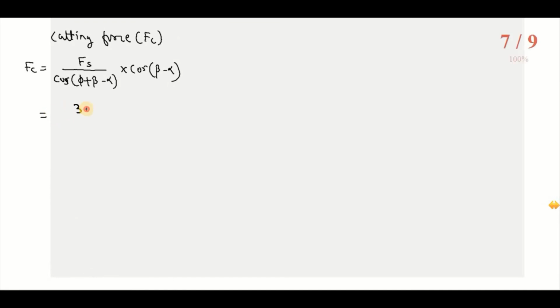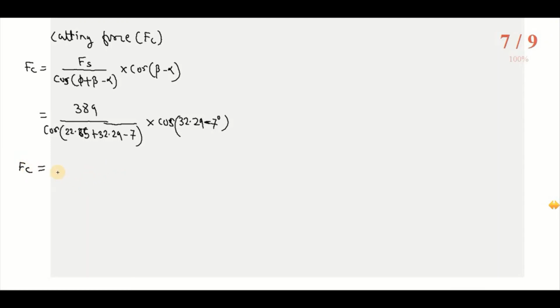389 upon cos of (phi, that is 22.65, plus beta 32.29 minus alpha, which is 7 degree) into cos of (32.29 minus 7). Put these values in the GATE virtual calculator to find the cutting force value.